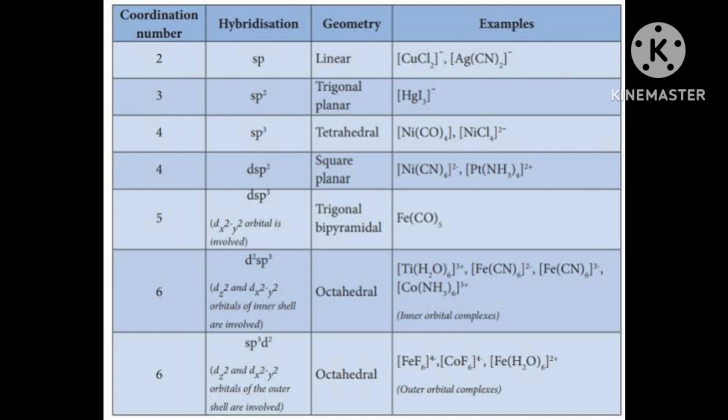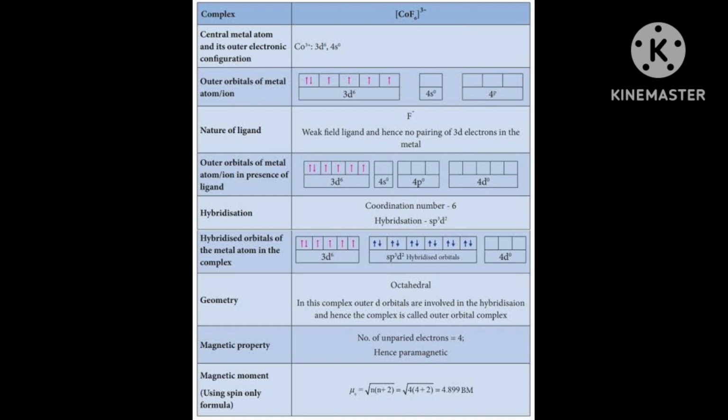Okay. Then now here d, s and p are all empty and taking part in hybridization. This time it is an inner d orbital, 2 d orbitals are inner, taking part.